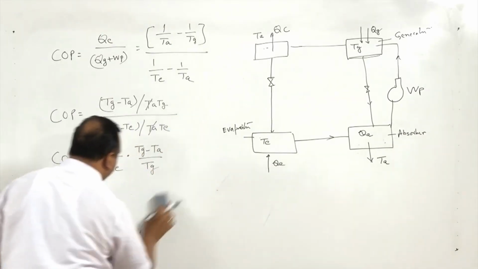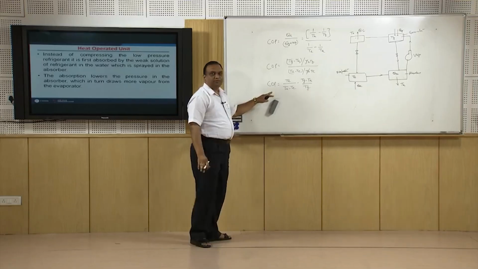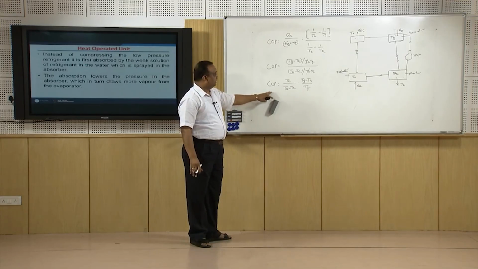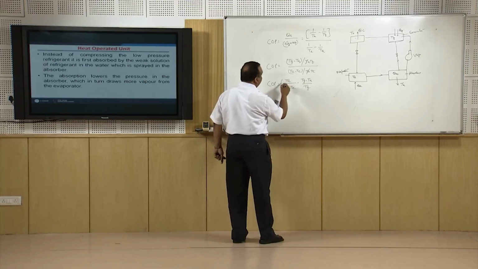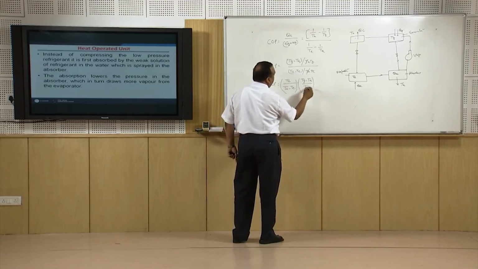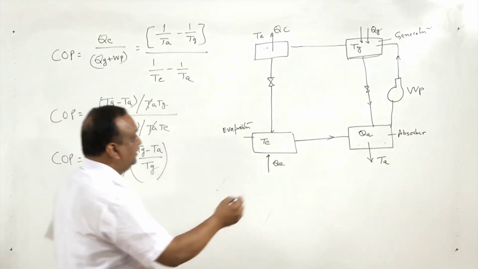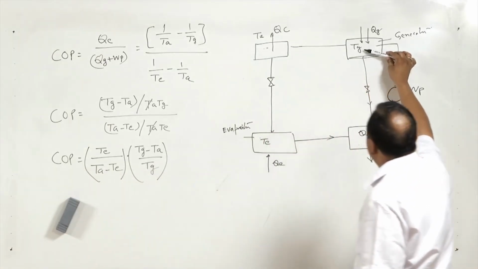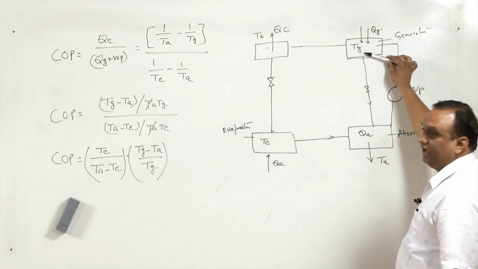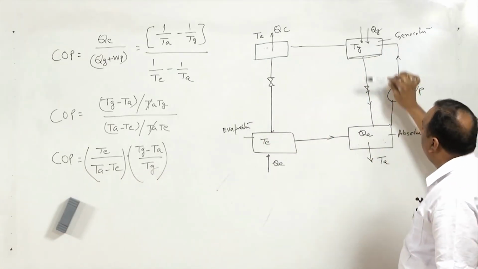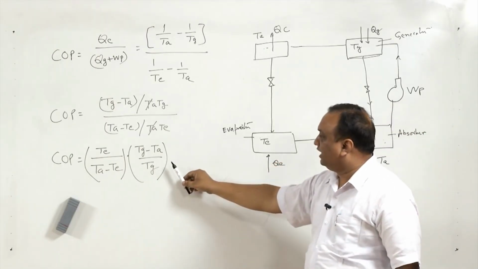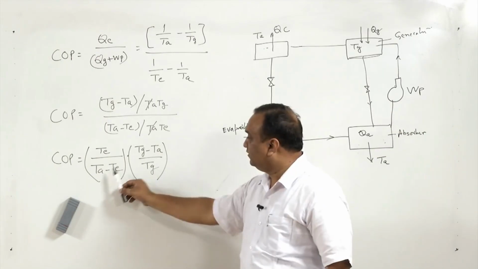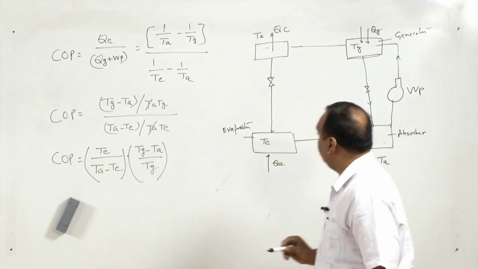Now, this is the expression for the coefficient of performance of this vapor absorption refrigeration system. Now, if you look at these expressions individually, (TG minus TA) over TG means a Carnot cycle working between this temperature and this temperature. The efficiency of the Carnot cycle can be expressed by this expression, and multiplication of these two will give the COP.